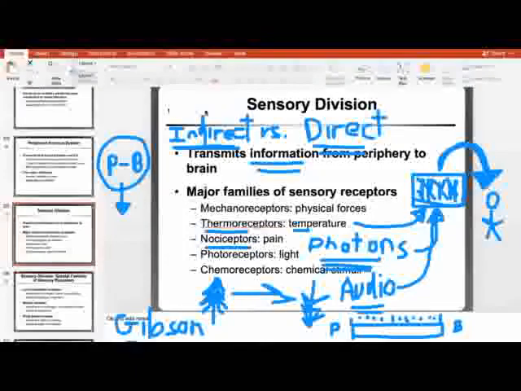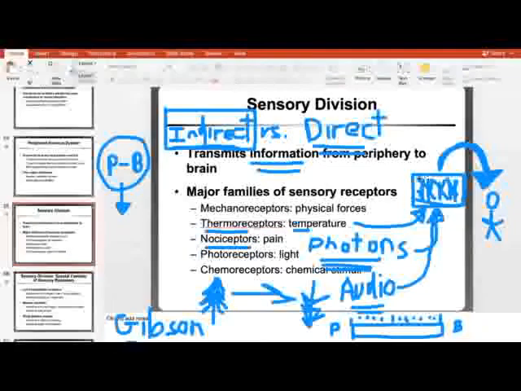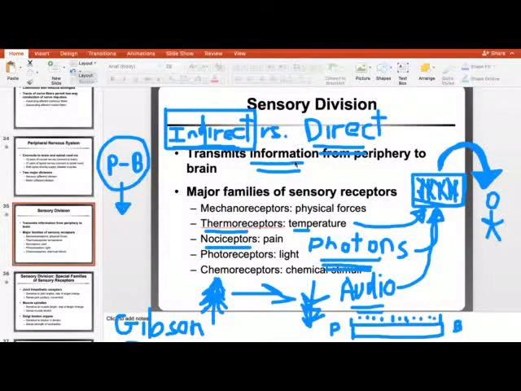In indirect perception, information is called impoverished. It's not informative enough for the brain to understand. It needs to be changed, calculated or something, in order for the information to be used.